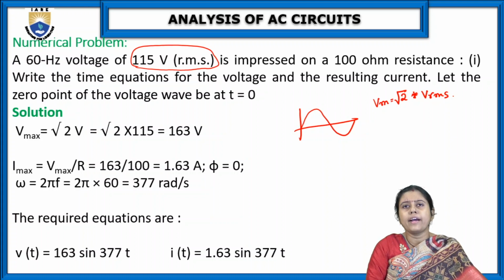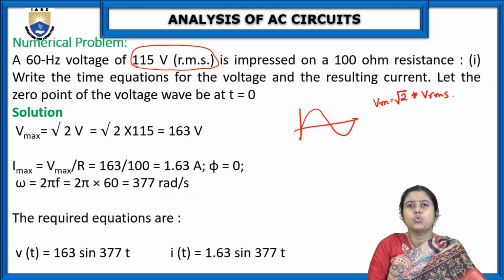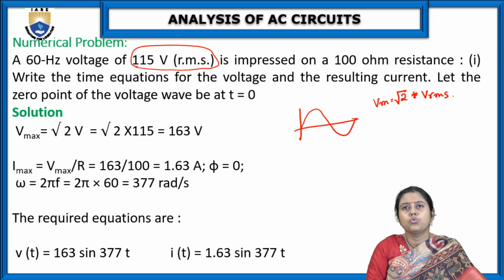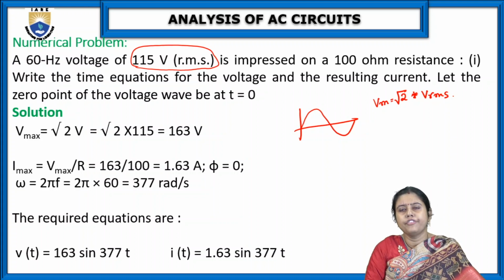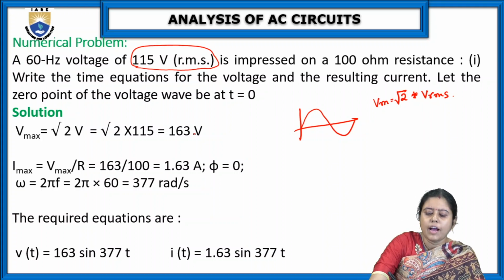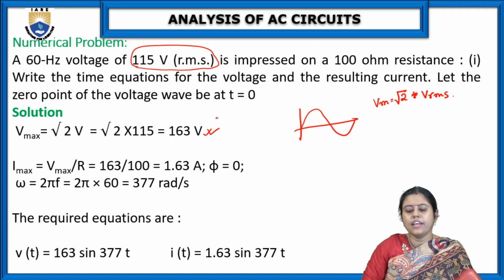So what is Vmax? Vmax is equal to root 2 into V, root 2 into 115. So the value comes as 163 volts.